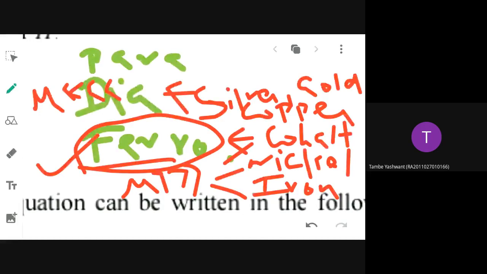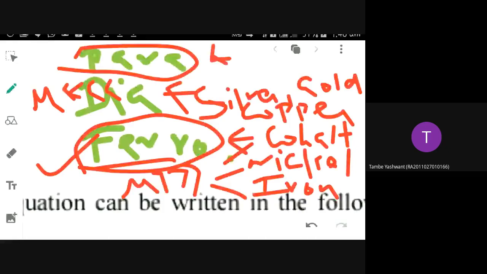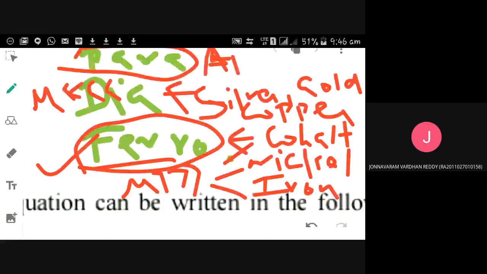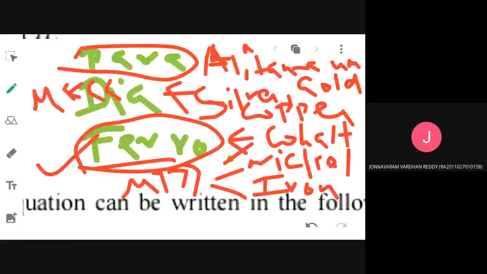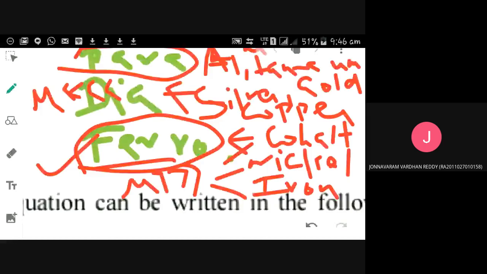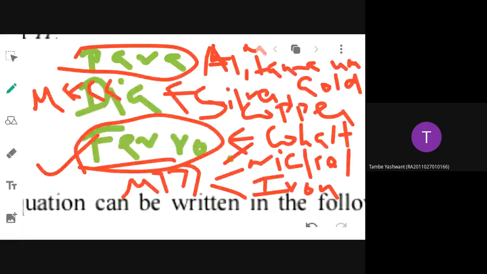Next, finally there comes the paramagnetic material. Examples are aluminium, tantalum, magnesium, all those things come under paramagnetic material. What can you tell about the permeability of a paramagnetic material? Ma'am, slightly greater than 1.